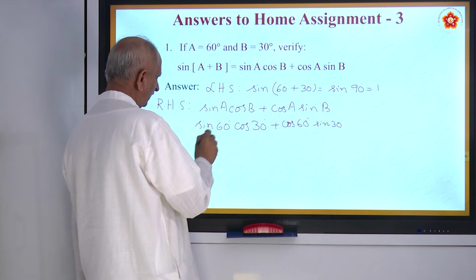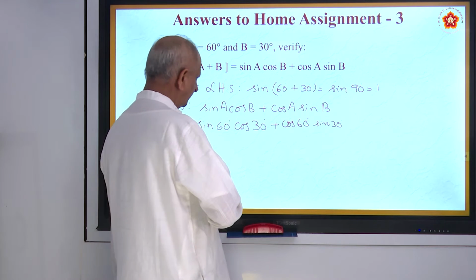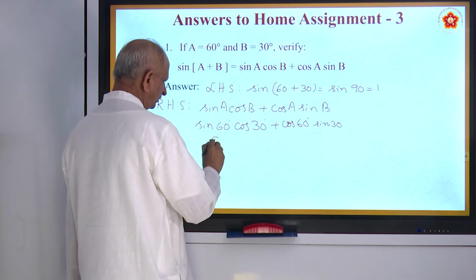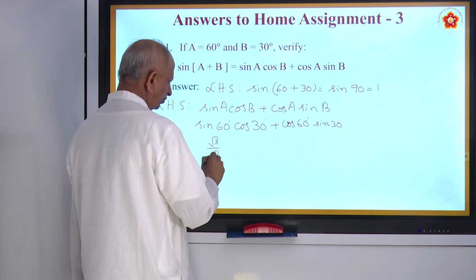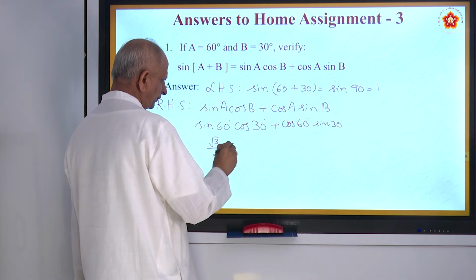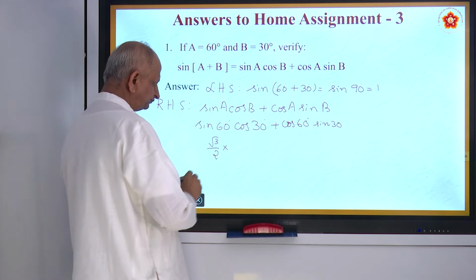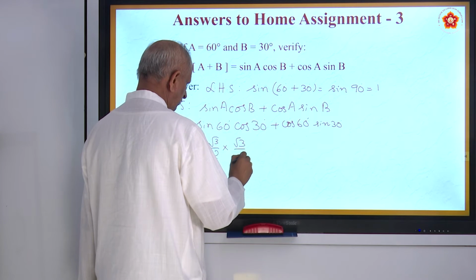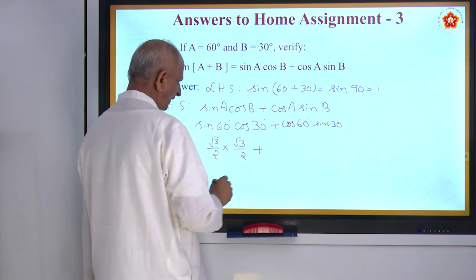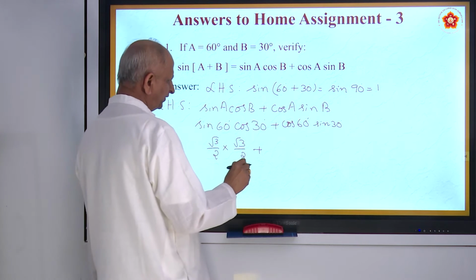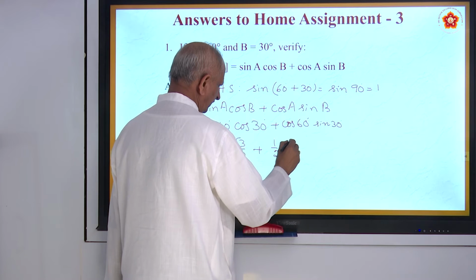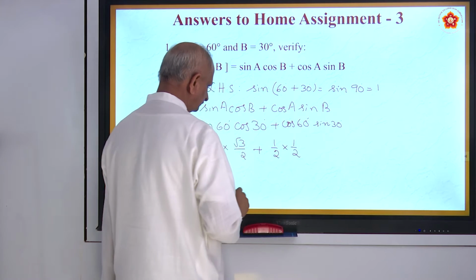Now substitute the value. Sin 60 is root 3 by 2. Cos 30 is also root 3 by 2. Plus cos 60 is half. Sin 30 is again half.